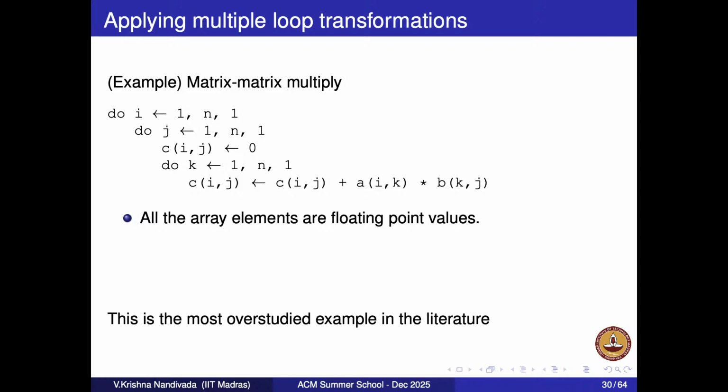So I have a total of n cube floating point multiplies and n cube floating point additions, so 2n cube floating point operations. And n cube loop increments plus n square plus n, but the big factor here is the n cube loop increments.